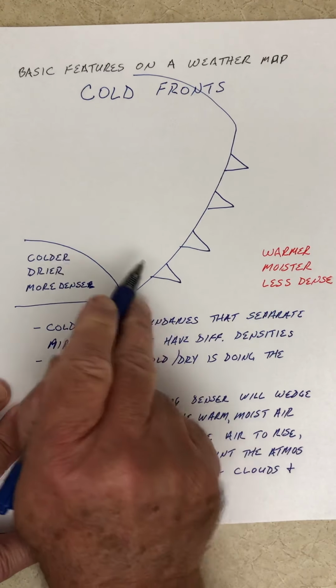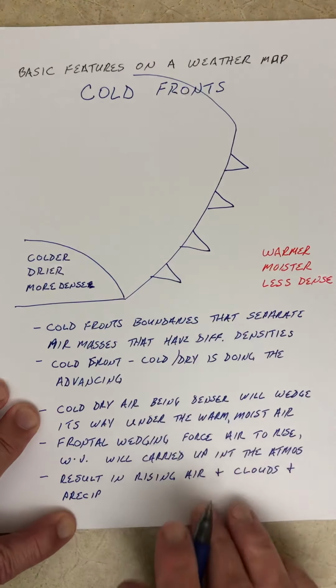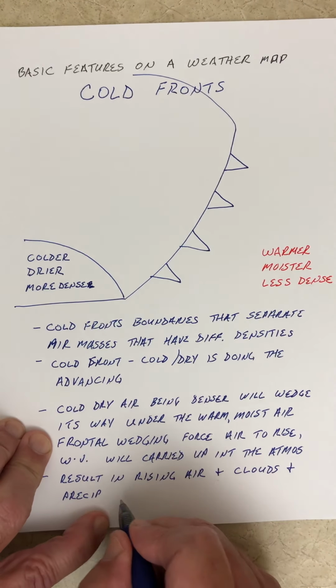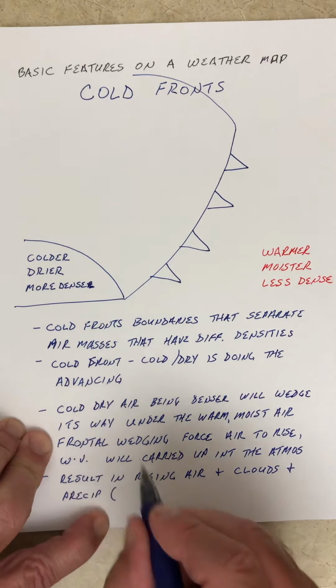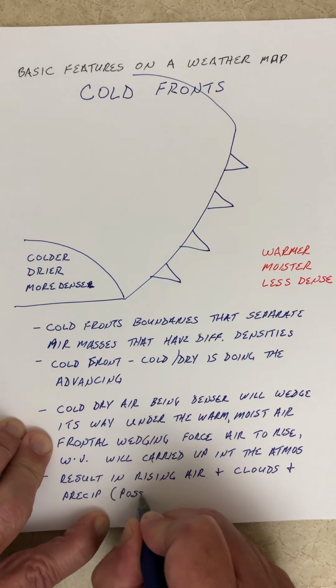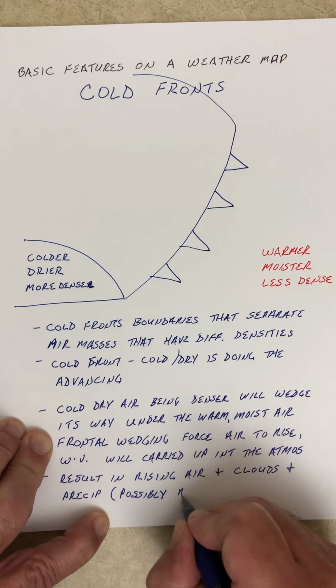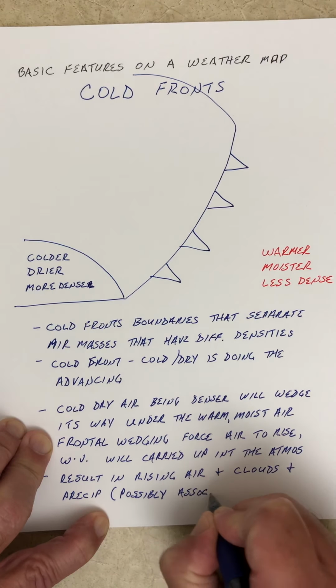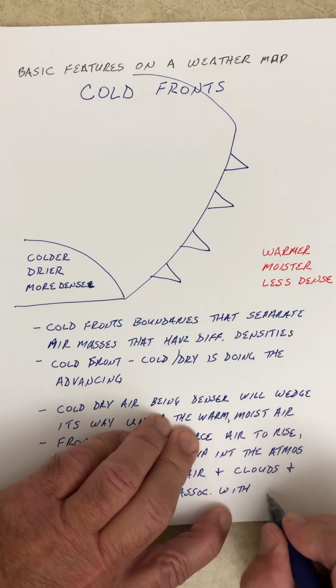And cold fronts are particularly important. You got a fairly steeply sloped front here. And so cold fronts, if you're talking about severe weather, are possibly associated with thunderstorms.